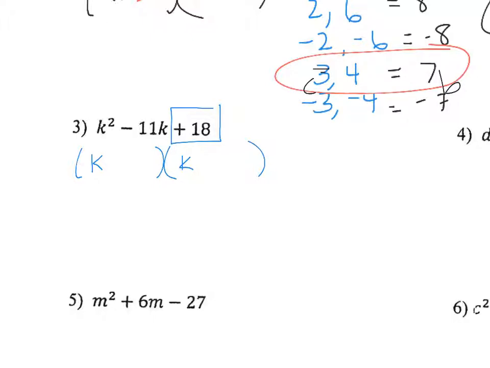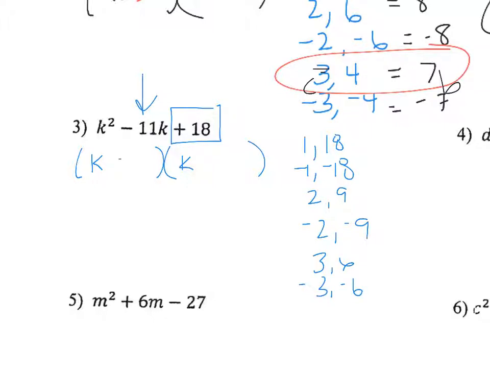So 18 is 1 and 18. You could also do -1 and -18. I know that the answer has to be 2 negatives because you're adding up to get 2 negatives. So I'm listing them out, but once you see the answer, which is -2 and -9, that's the answer. And you can always check by pulling it out.